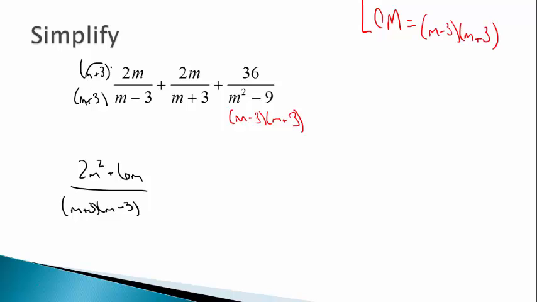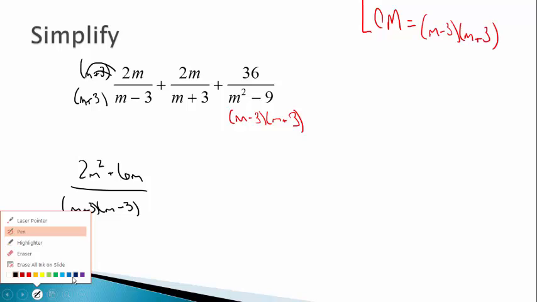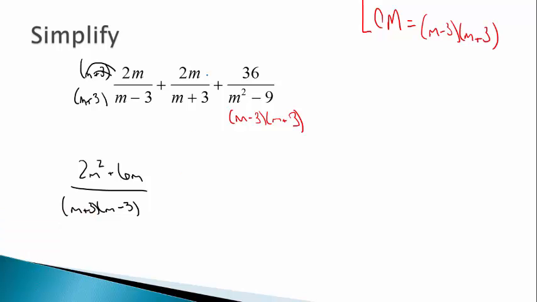And I just distributed the 2m into the parentheses. Now for the second fraction, the thing I'm missing is m minus 3. So I'll multiply that. And now my second fraction, when I distribute the 2m, looks like 2m squared minus 6m over m plus 3, m minus 3.